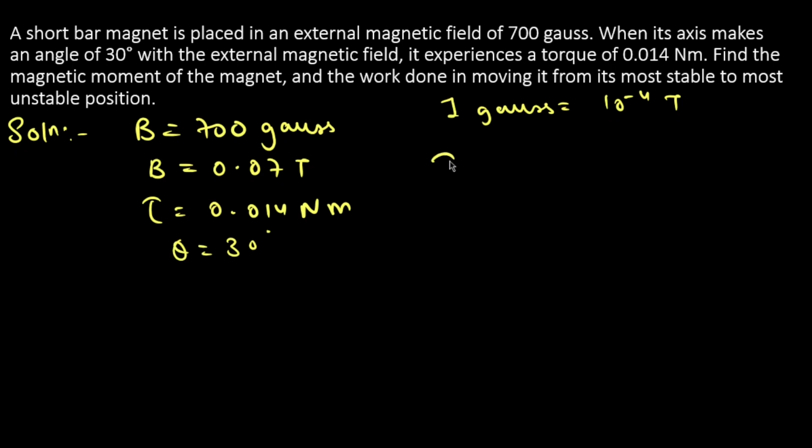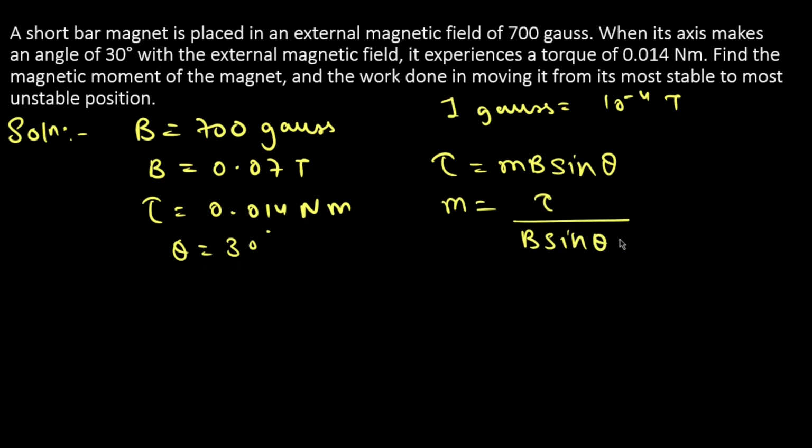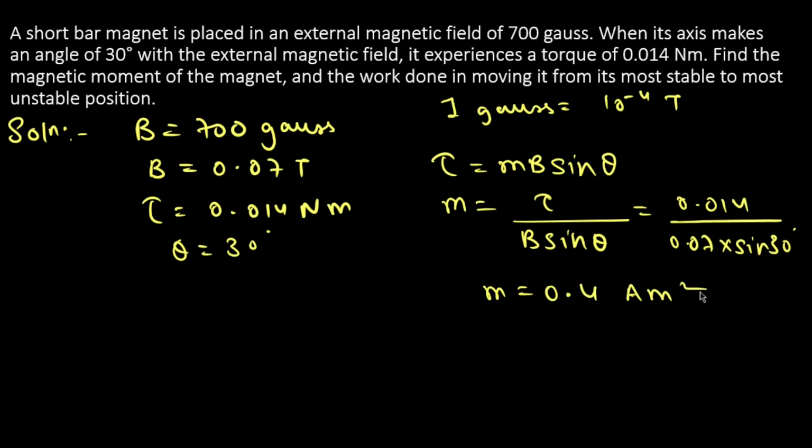So we know torque is equal to mB sine theta. So m will be equal to torque upon B sine theta. So torque is 0.014 divided by B, which is 0.07, into sine of 30 degrees. Solving this, we will get m equal to 0.4 ampere meter square.